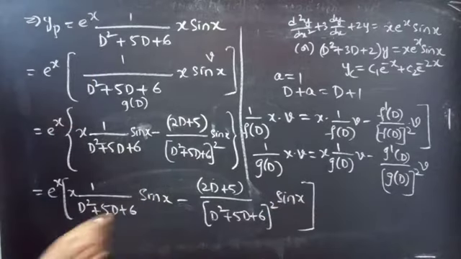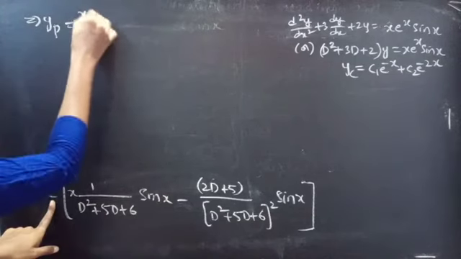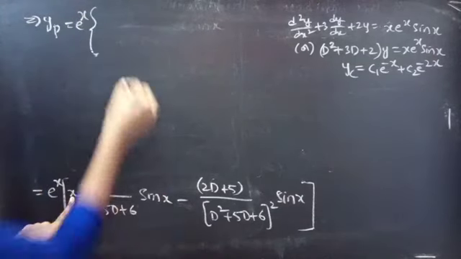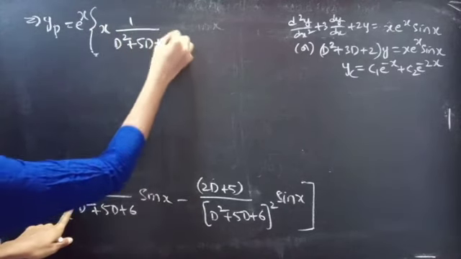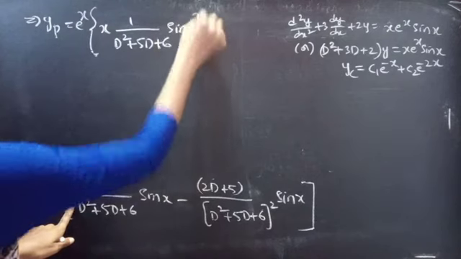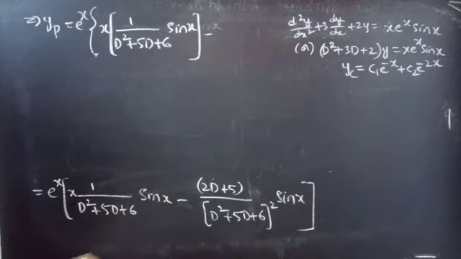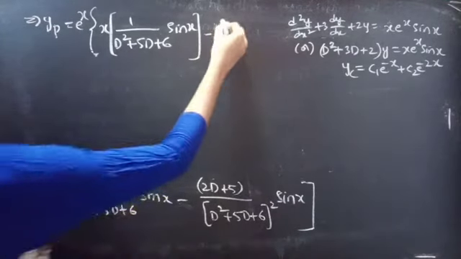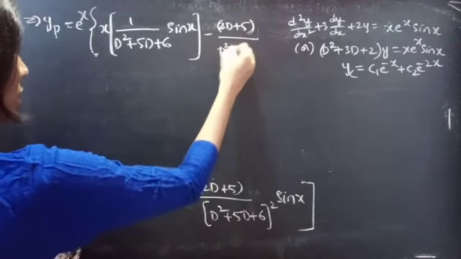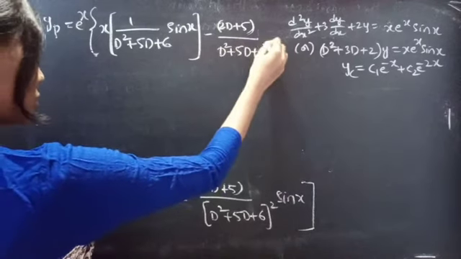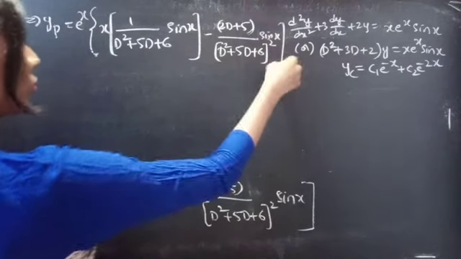I just wrote the same step. Then yp becomes e power x into x into 1 by D square plus 5D plus 6 into sin x minus 2D plus 5 by D square plus 5D plus 6 whole square into sin x, right?